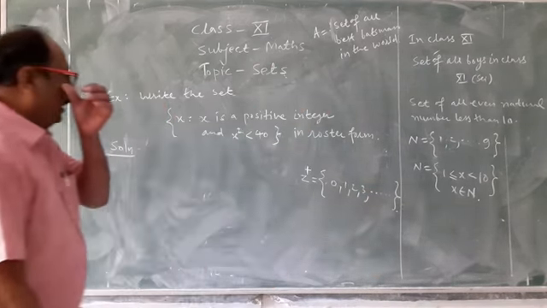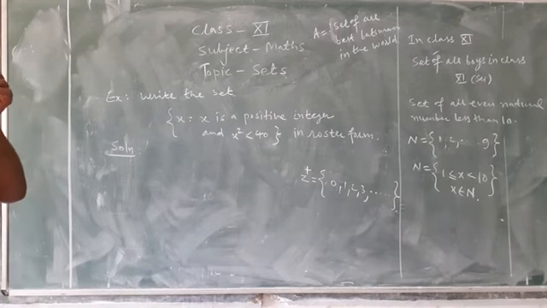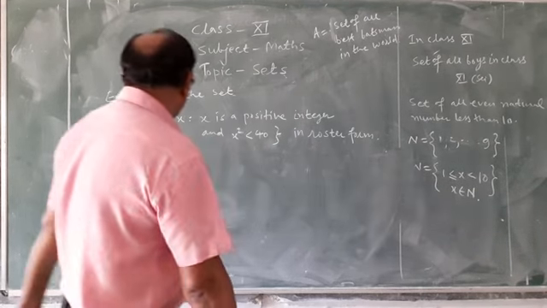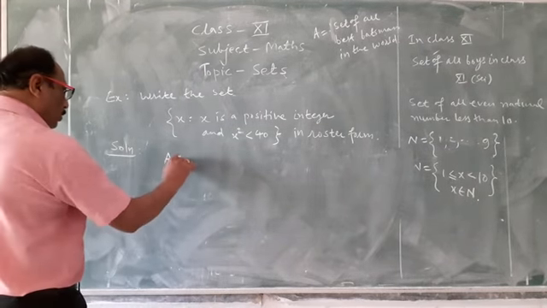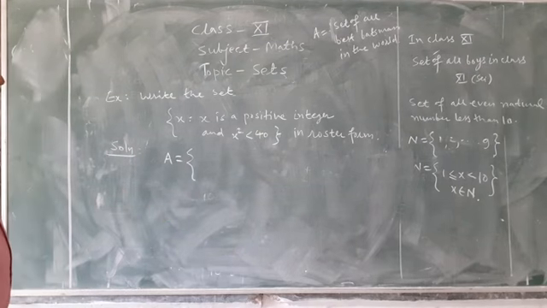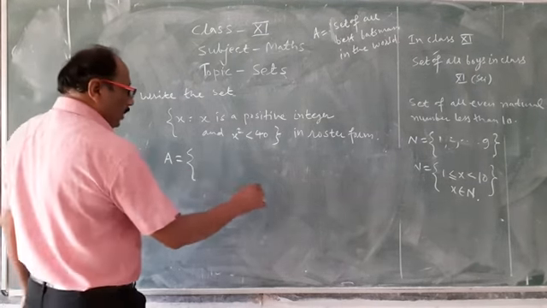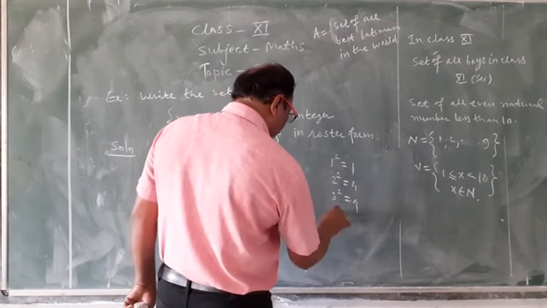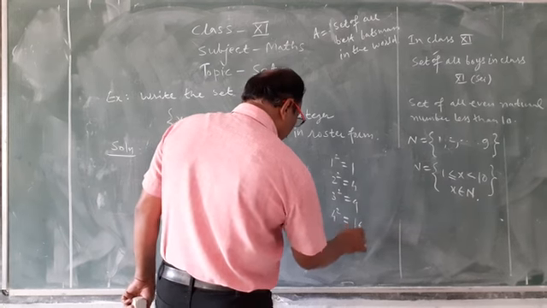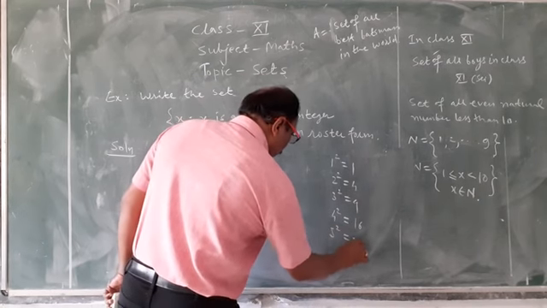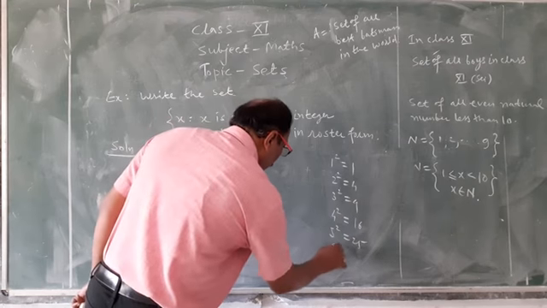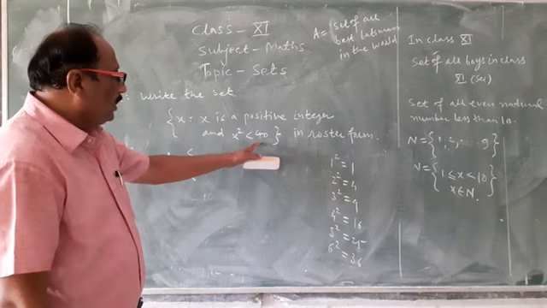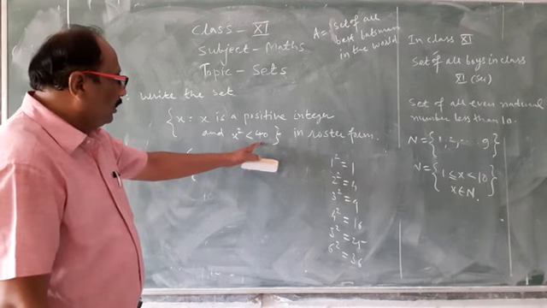And in roster form we take x square less than 40. 1 square is 1, 2 square 4, 3 square is 9, 4 square is 16, 5 square is 25, then 6 square is 36 and 7 square is 49, which is greater than 40. That's why we cannot take that number.